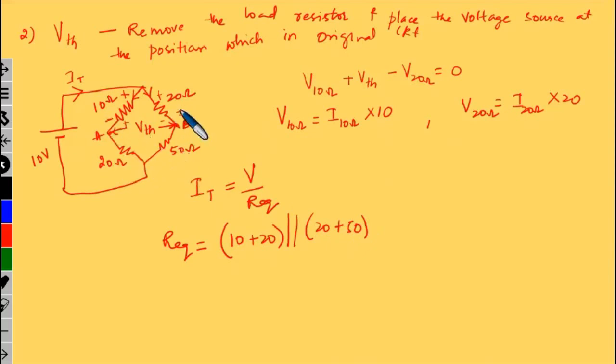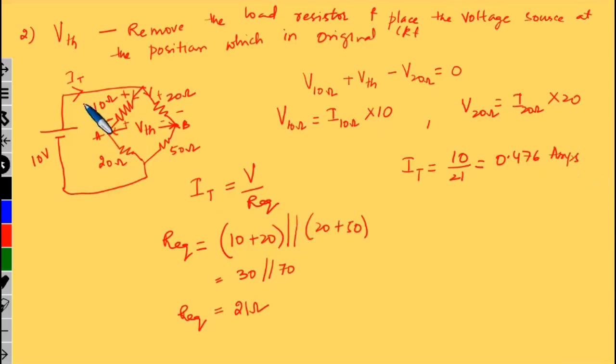So it is 30 in parallel with 70, and this value is nothing but 21 ohm. So R equivalent is 21 ohm. Now what is I total? I total is equal to 10 divided by 21, so its value is 0.476 amperes.